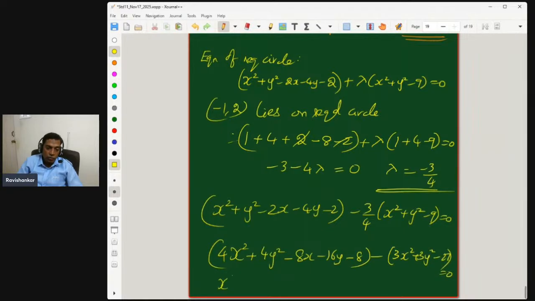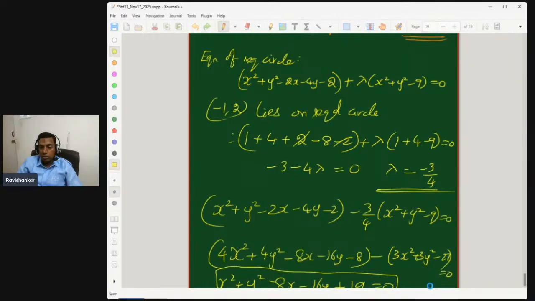So you get, beautifully, x squared plus y squared minus 8x minus 16y plus 19 equals 0, which is option D.